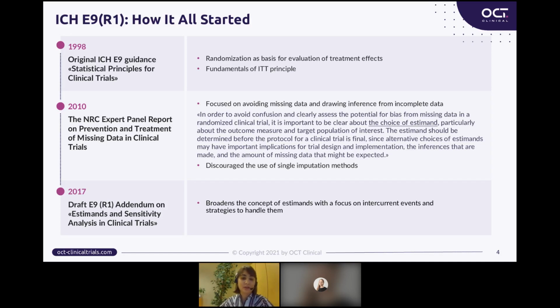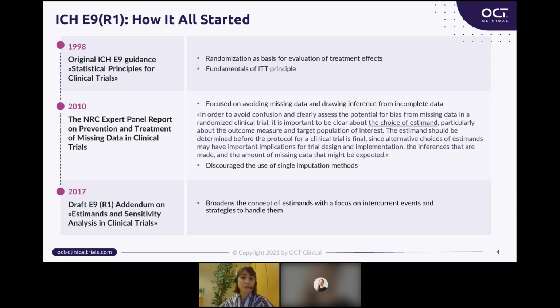Nevertheless, it is natural that over the course of more than 20 years, the understanding of certain aspects has evolved. One of such aspects is related to handling missing data in the analysis, which undoubtedly is one of the most complex issues. Recognizing the importance and complexity of this problem led to the publishing in 2010 of the NRC Expert Panel Report on Prevention and Treatment of Missing Data in Clinical Trials.